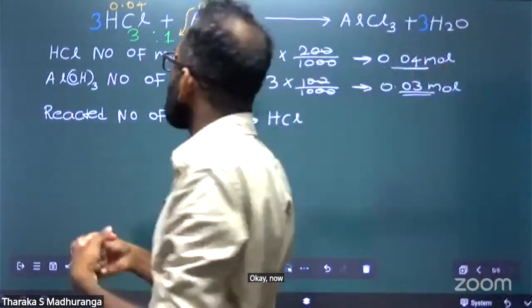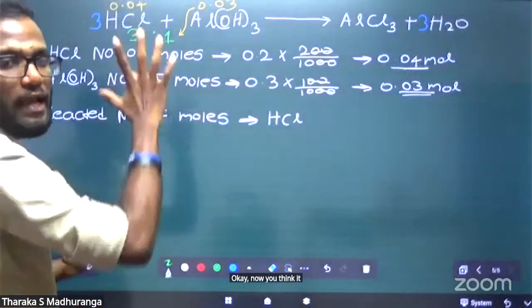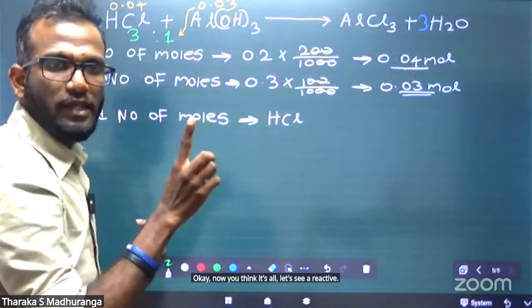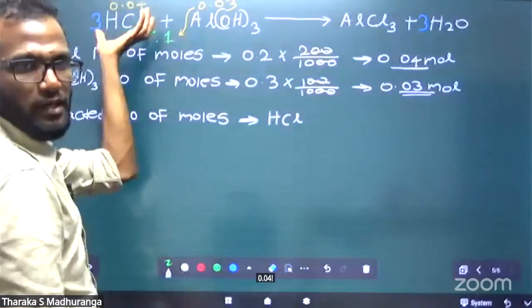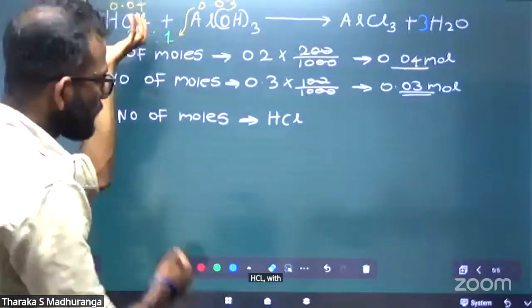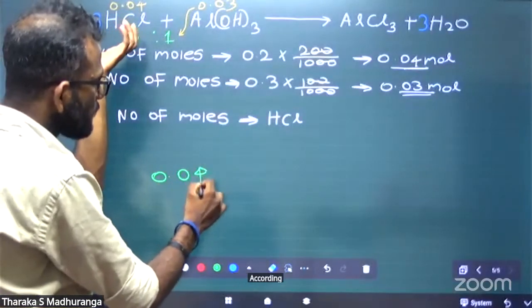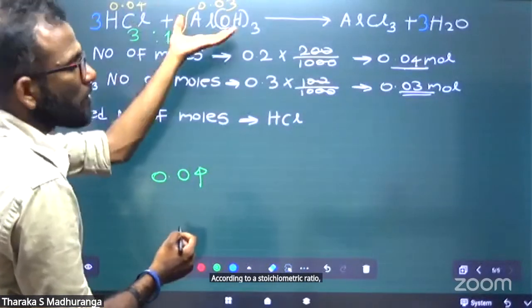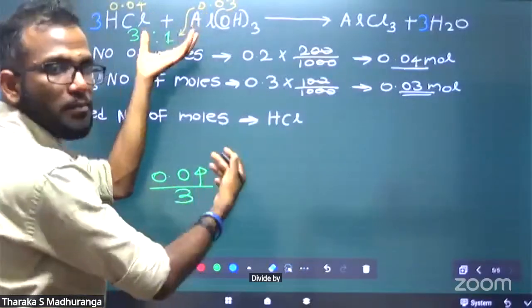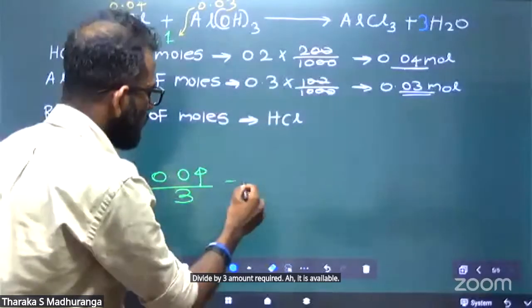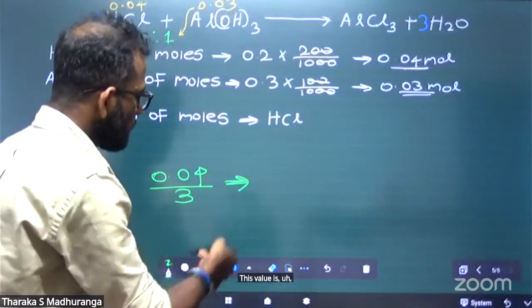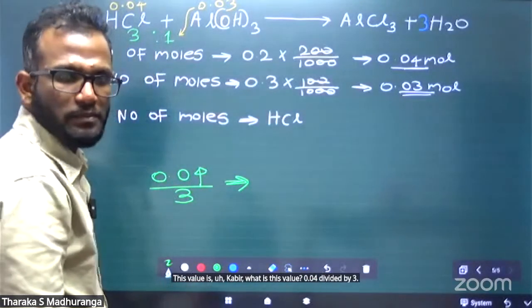Okay, now you think all HCl is reacting. For all HCl to react, with 0.04 HCl, according to the stoichiometric ratio, divide by 3 amount is required. It is available. Kabir, what is this value? 0.04 divided by 3.